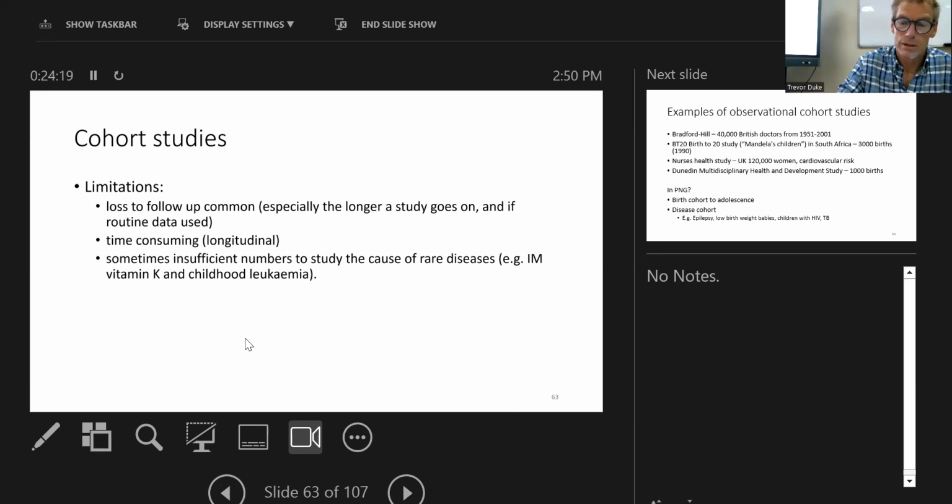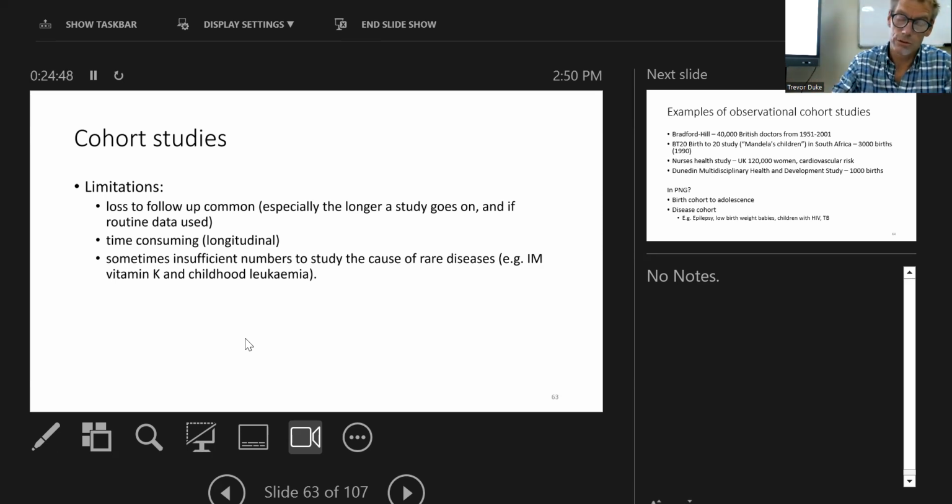Okay. Right. I won't talk about this vitamin K study, but there was a famous study in Scotland that was a cohort looking at the effect of vitamin K on a whole variety of different conditions, and they found in that cohort that vitamin K had a link to childhood leukemia. That proved to be quite inaccurate over time, not relevant.